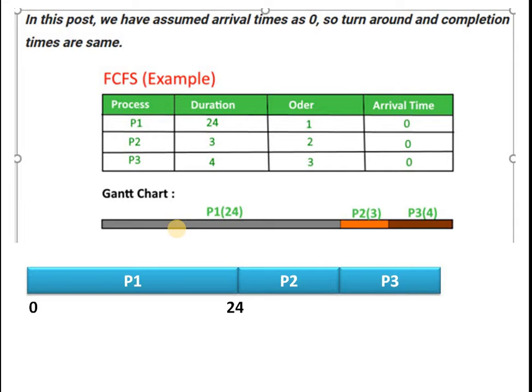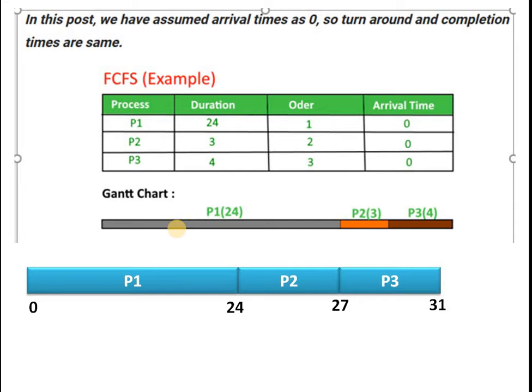After that P2 requires 3 milliseconds for the execution, so 24 plus 3 is 27. It is the turnaround time of P2, and the waiting time of P3 is 27 milliseconds. P3 requires 4 milliseconds for the execution, so 27 plus 4 is 31. It's the turnaround time for P3.